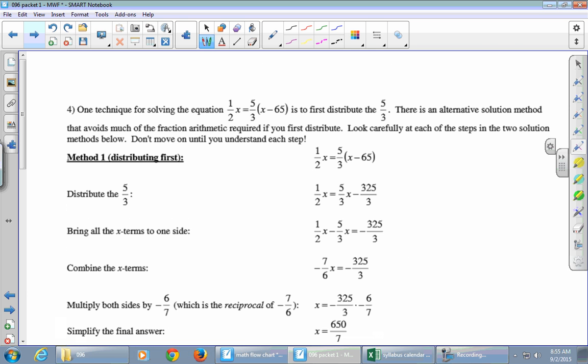So the next page involves solving an equation. Can we go to the young lady in the green shirt for number 4, please?